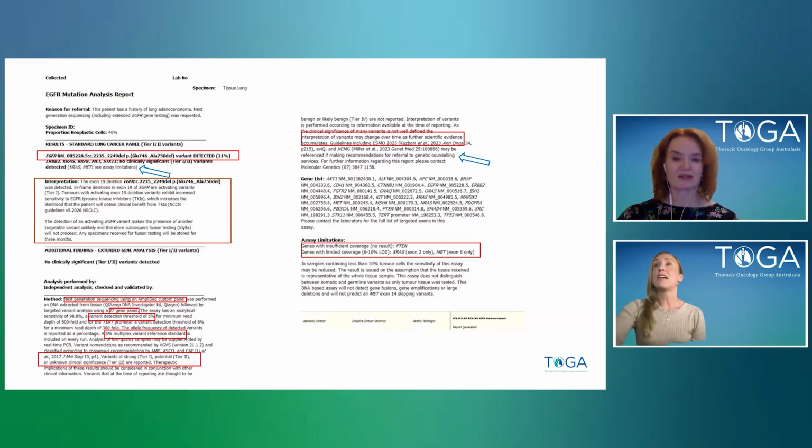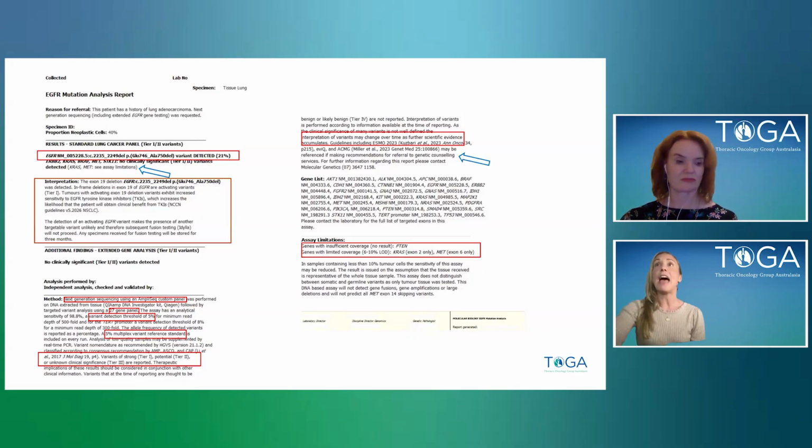Which, if you go down here under assay limitations, it spells out genes with limited coverage with a limit of detection of 6 to 10% in KRAS, and it lists the exon, and MET, and it lists the exon as well. And I think a simple way to think about that is that the lower the coverage is, the harder it is going to be to find a variant.